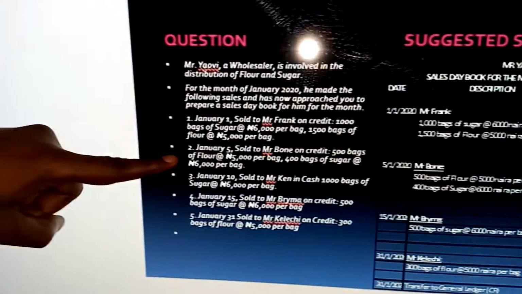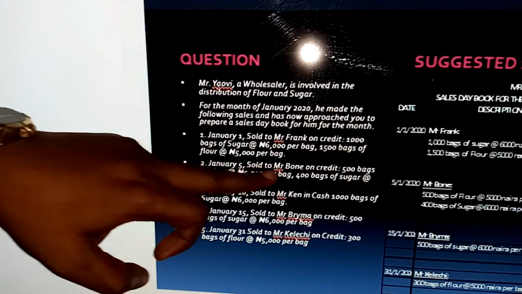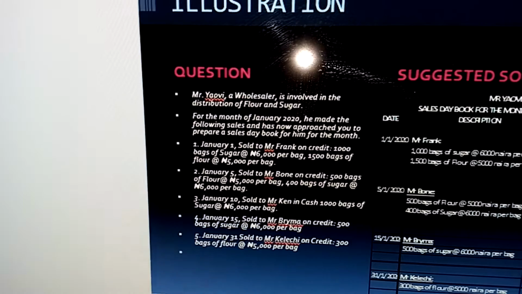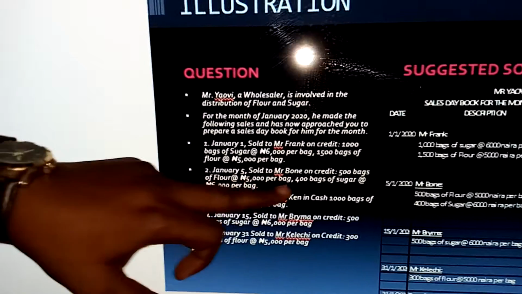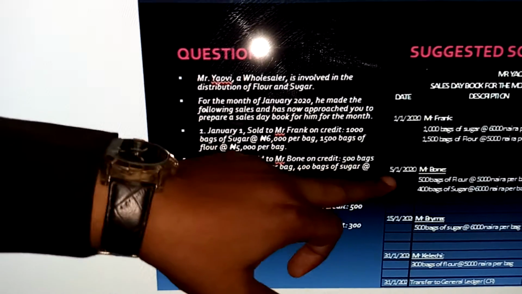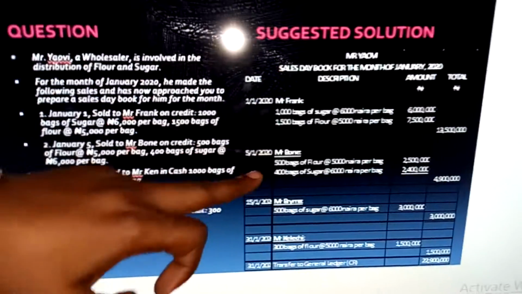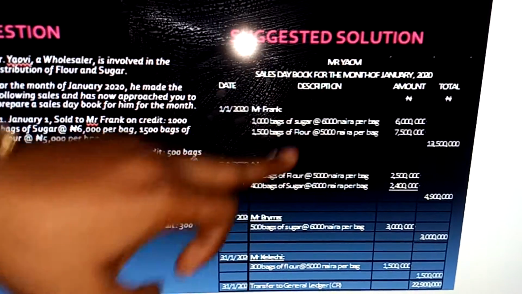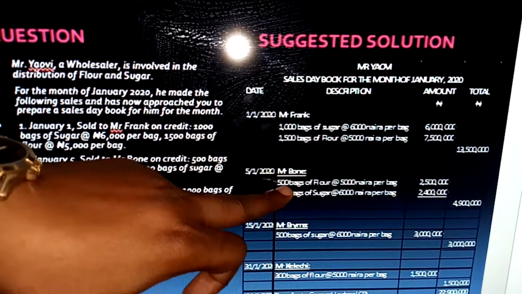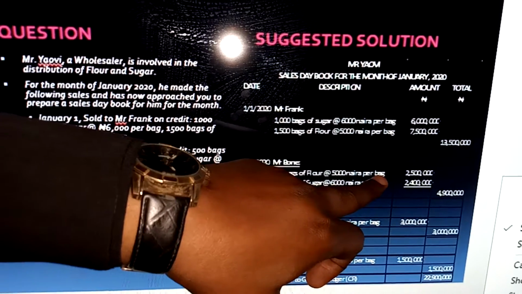Now, on the 5th of January, he sold to Mr. Bone on credit 500 bags of flour at 5,000 per bag and 400 bags of sugar at 6,000 per bag. We come here under the date column, 5th of January 2020, he sold to Mr. Bone 500 bags of flour at 5,000 naira per bag.